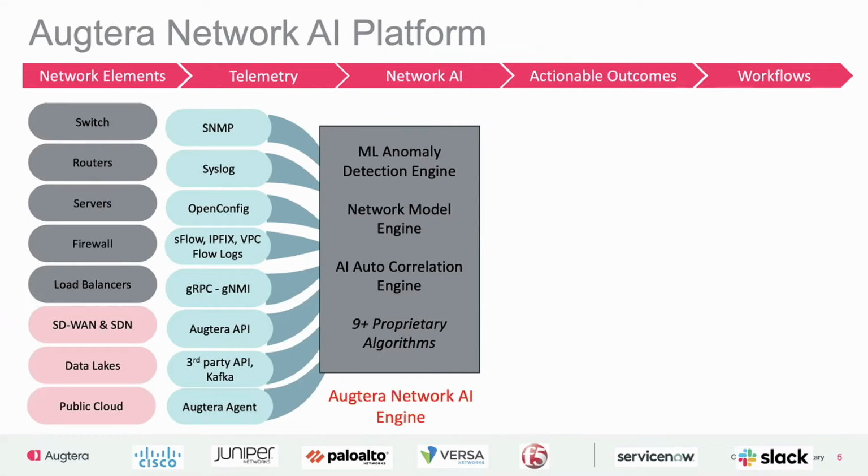And this engine comprises nine and a growing number of proprietary algorithms, which are really a result of very specialized R&D over many years. This is across anomaly detection, both metric-based anomaly detection over hundreds of metrics, as well as log-based anomaly detection. Then we have the ability to automatically learn the model of the network.